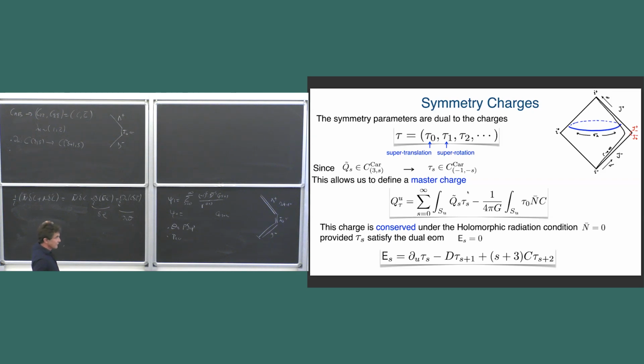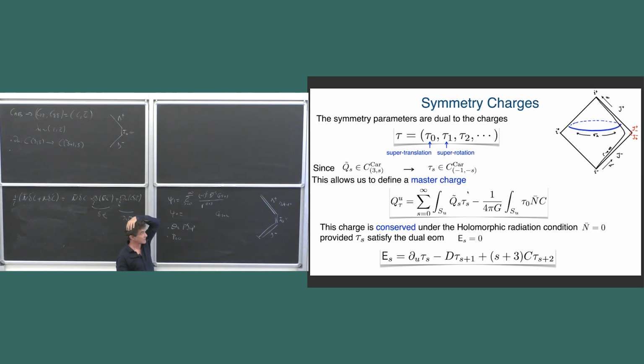Okay, so now I need to construct the charge. So this was the charge aspect, which are in 3S. I need to understand the symmetry transformation parameters, which I call, so it's going to be the same thing, tau, which is a series. Tau 0 is a super translation parameter. It's a Carrollian field of weight -1.